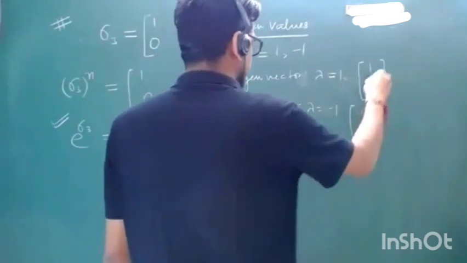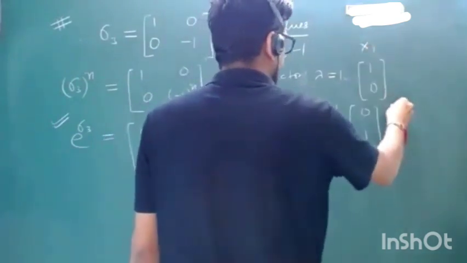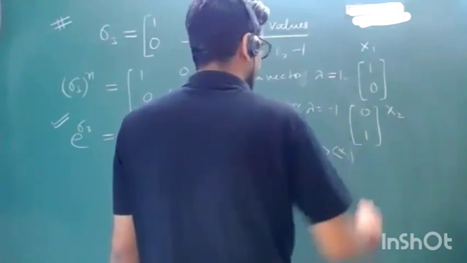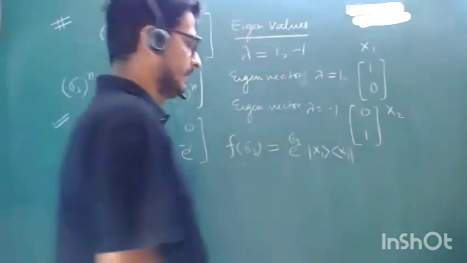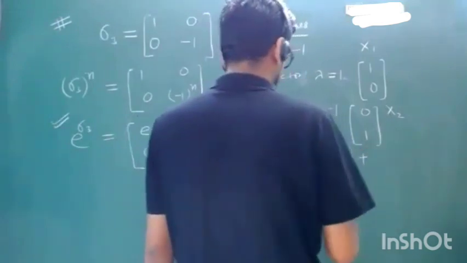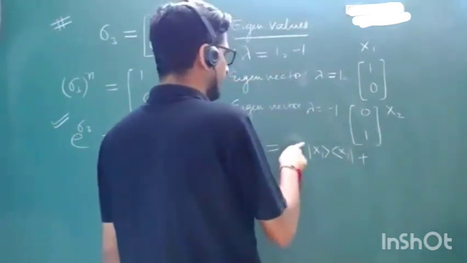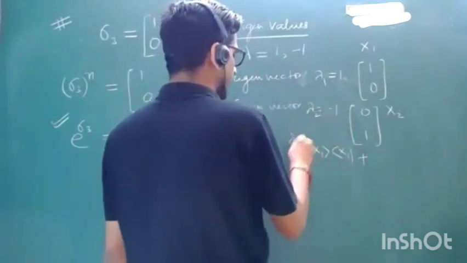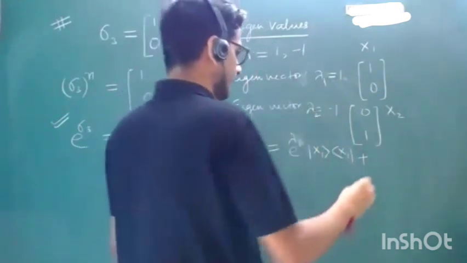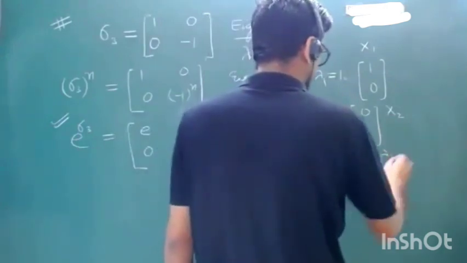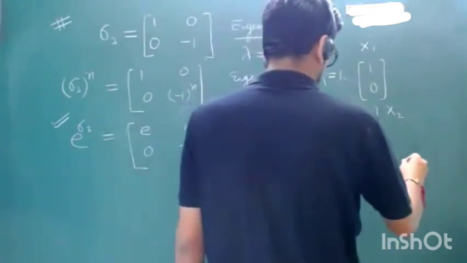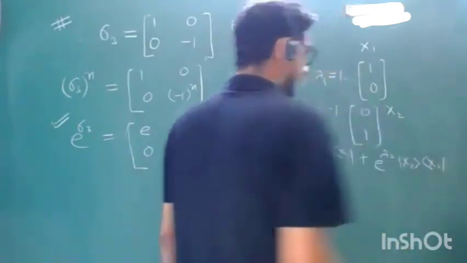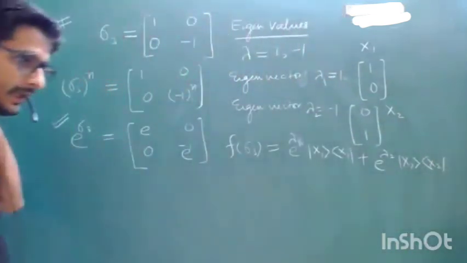So suppose this one is x1 and this one is x2. So here we will have x1, and plus, here we have e to the power, suppose this is lambda 1, this is lambda 2. So here we will have e to the power lambda 1 and plus e to the power lambda 2 and then inner product of the second vector x2. Okay, it will be like this.